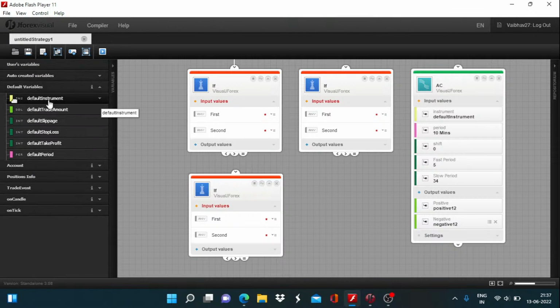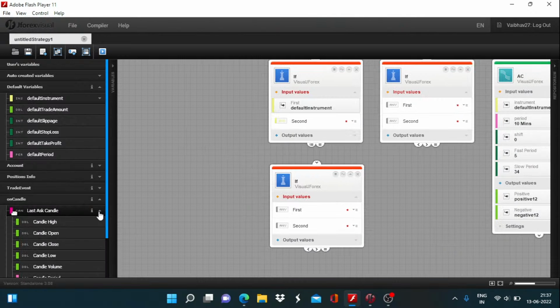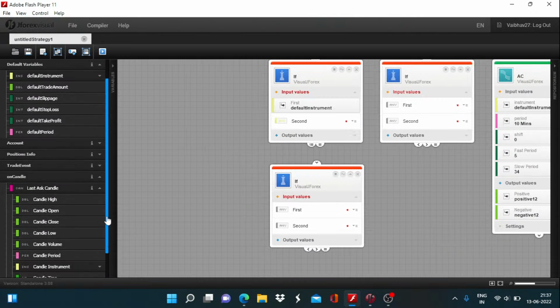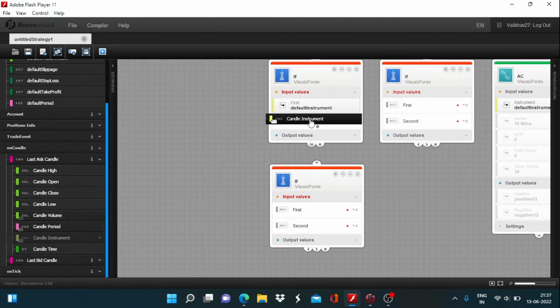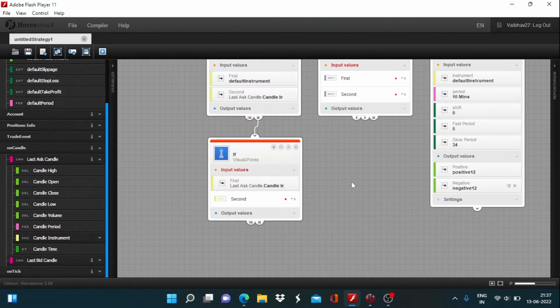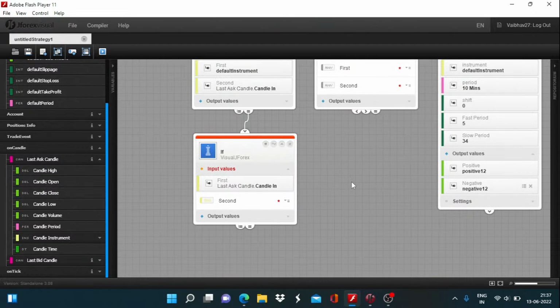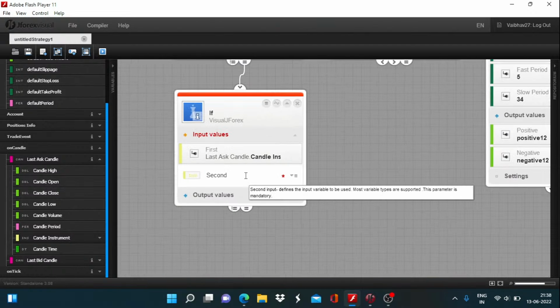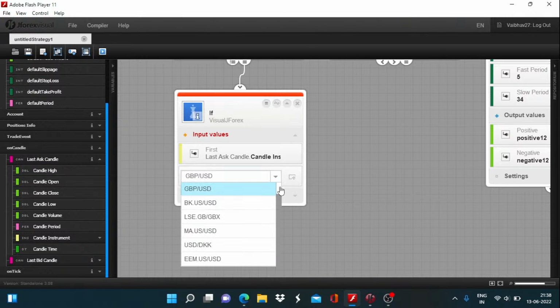I'll get the default instrument as the first input, and then we match it with the candle instrument. Then we match the candle instrument with the instrument of choice, which is going to be Euro USD.